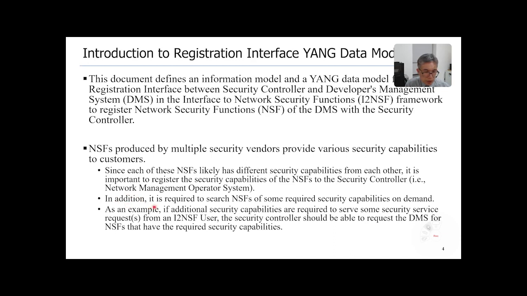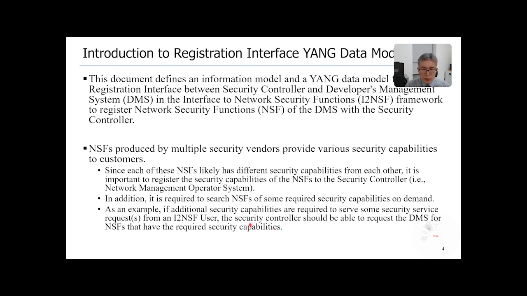In addition, it is required to search for NSFs with some required security capabilities on demand. As an example, if additional security capabilities are required to solve some security service request from an I2NSF user, the security controller should be able to request the DMS for NSFs that have the required security capability.